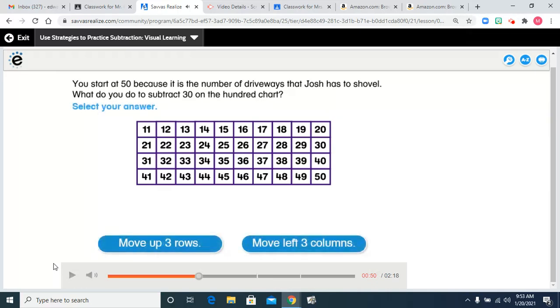If you're going to take the shortcut and you want to subtract 30, do you move up 3 rows or do you move left 3 columns? Well, if you remember, we start on the first number, the biggest number, and then if we're going to subtract by tens, we need to move up. So 30 would be up 3 rows. 10, 20, 30.